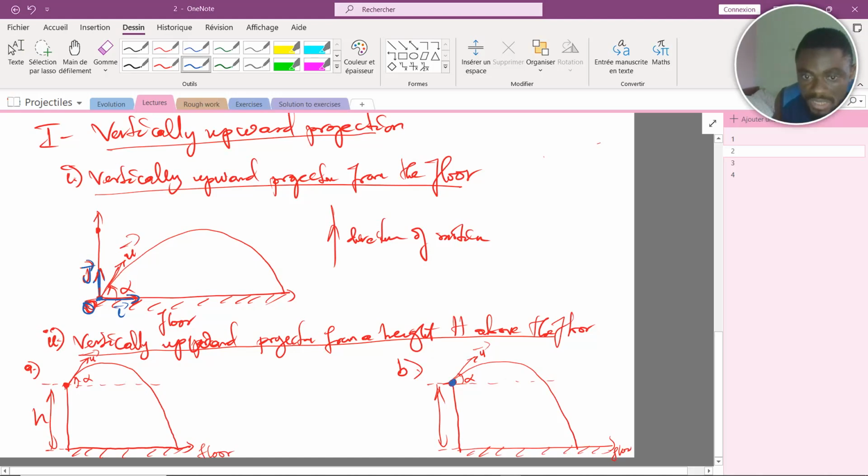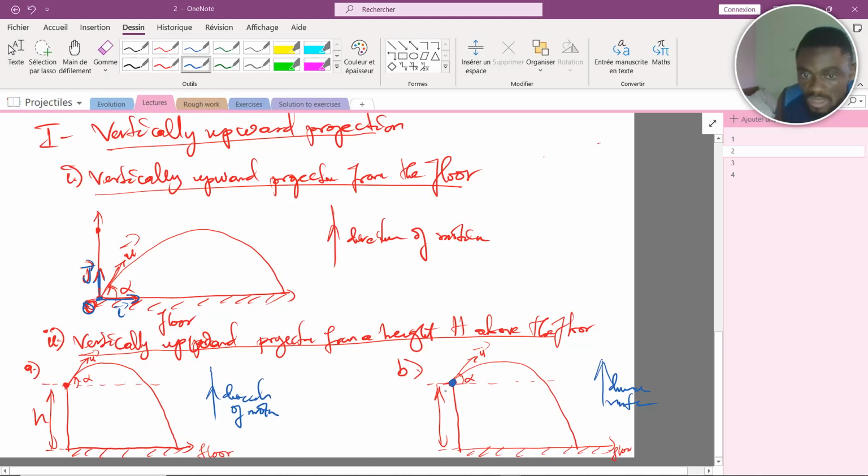So I'll come here. First of all, you have to determine your direction of motion. This is the direction of motion because the particle is moving upward. Is that okay? So if nothing is said about the point you should take as origin of reference in the exercise, you take the point where the particle starts the motion.